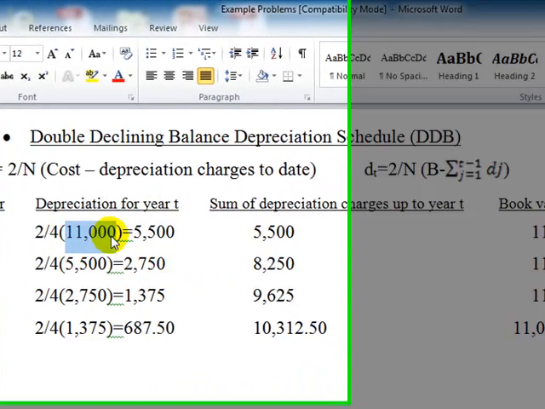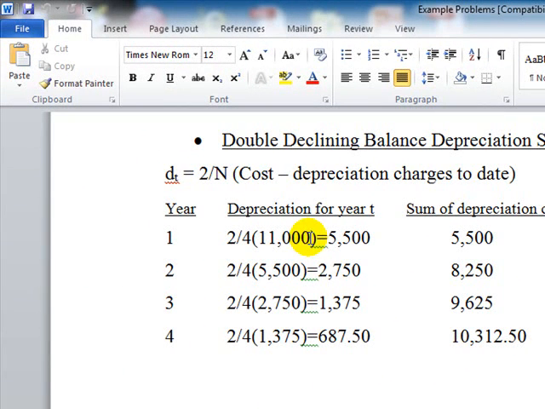Since this is the beginning year, there are no depreciation charges until the previous year, which is the 0th year. So that value is 0. 11,000 minus 0 is 11,000. If we calculate that, that is $5,500. So that is the depreciation charge we are going to put in the first year, right?